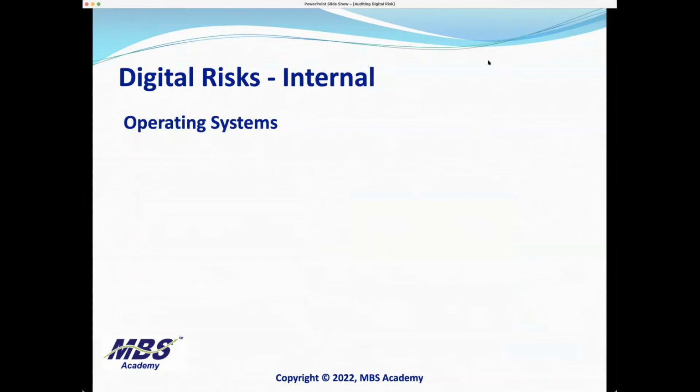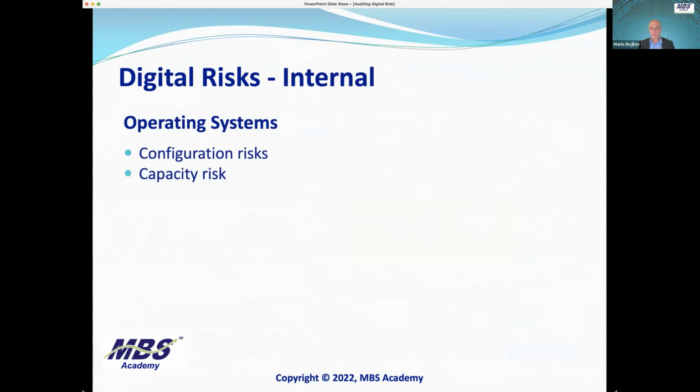Now, some specifics for operating systems. There are risks in terms of how they are configured. There are risks in terms of what is their capacity, because if you have a hard drive with 500 gigabytes capacity and you're nearing the capacity, you are running the danger of the application dropping records or stopping to work or becoming very slow.